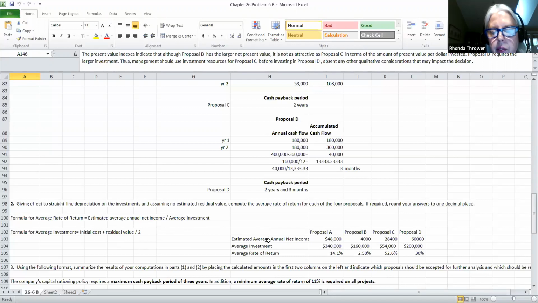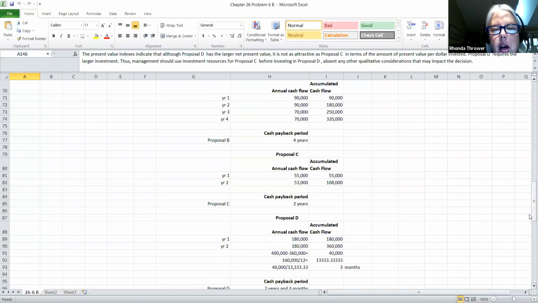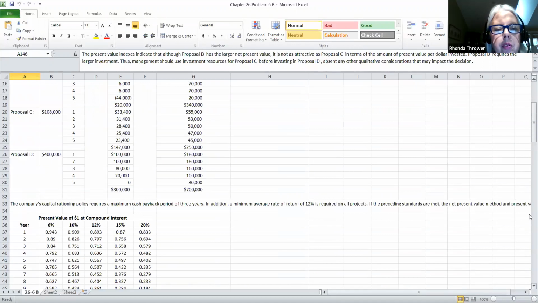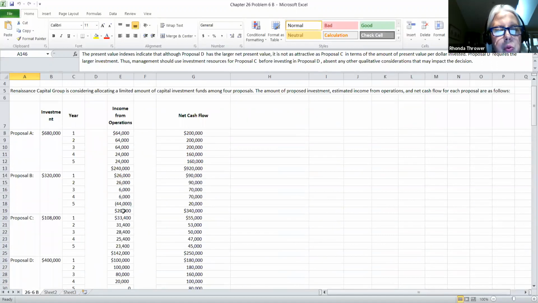And I've set this up as a table for each one of the proposals. I'm going to first determine the estimated average annual net income. I do that by looking at the total net income for the investment. In investment A, they have added up all of the income to get $240,000.